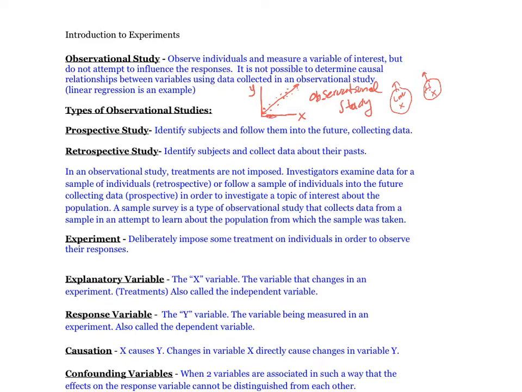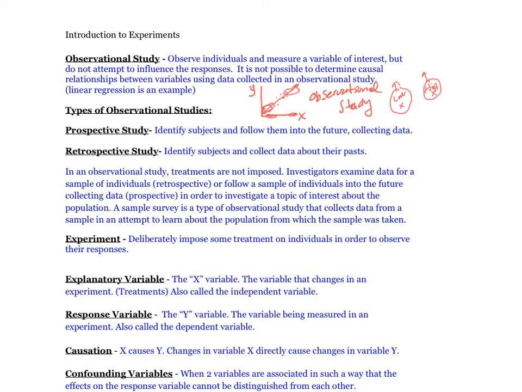Do low levels of x cause this, and high levels of x cause this? That would be an experiment, okay? So the idea is an observational study is really the first step, where we say, I think this variable might cause this. But then we would design and run an experiment where we manipulate how much of x you get and see what happens. So observational studies are a key part of this.